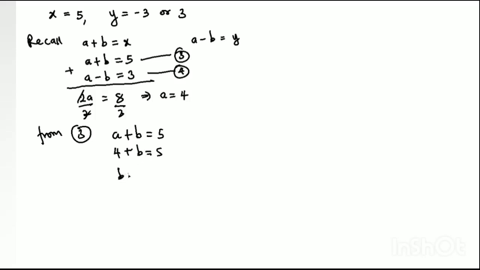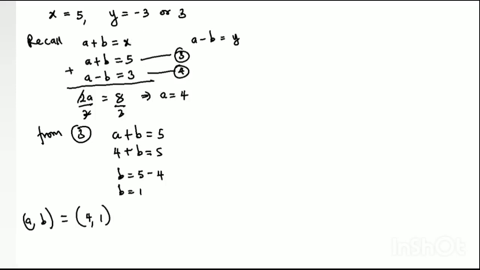So b is equal to 5 minus 4, so b is equal to 1. So you see, I got my values. The value of a here is 4 and the value of b here is 1.